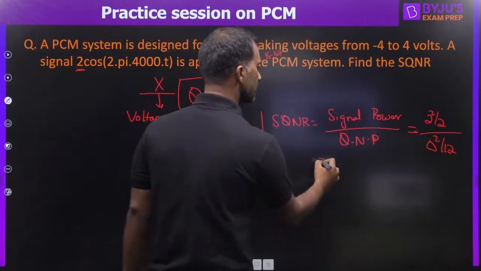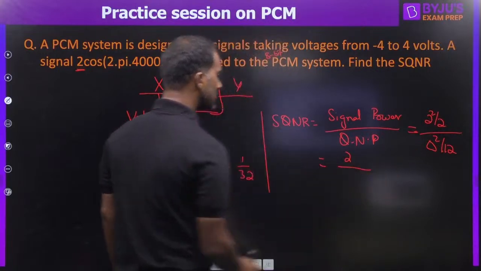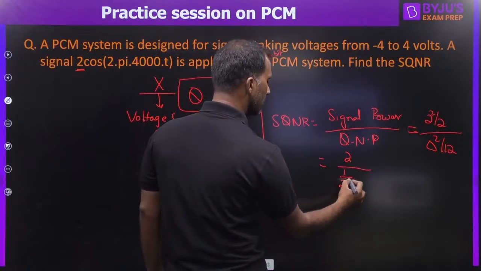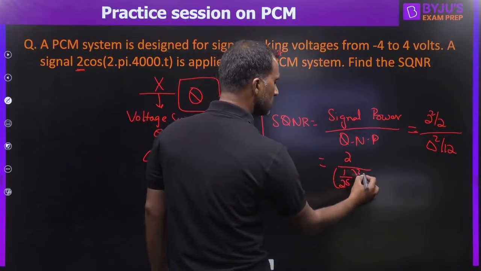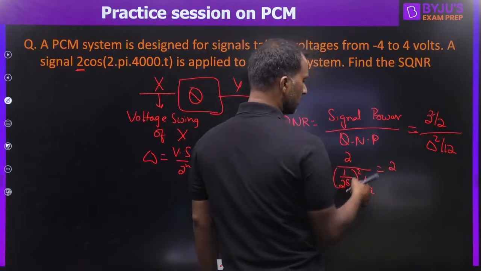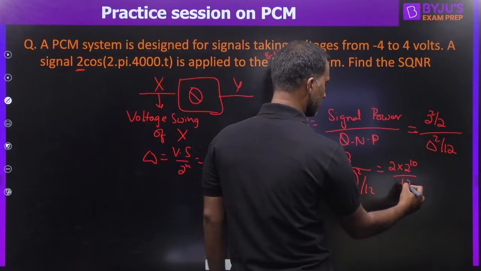Quantization noise power does not change. So it is 2 square by 2, which is 2, divided by del square by 12. What is del value? 1 by 32, or 1 by 2 power 5. Whole square divided by 12, which is equal to 2. 2 power 5 whole square is 2 power 10. 2 power 10 comes to the numerator, divided by 12.